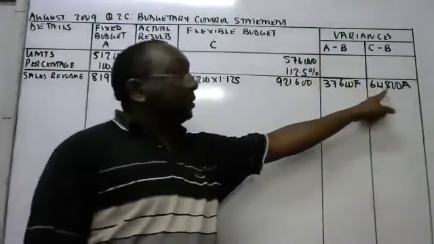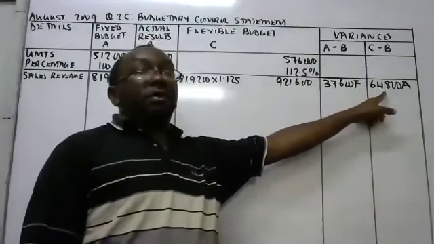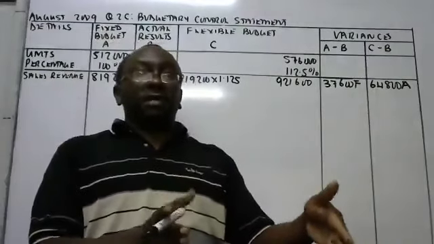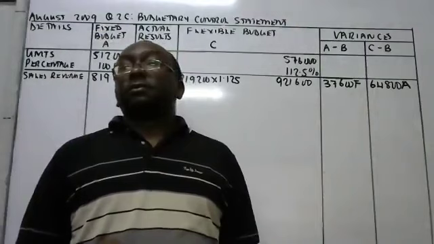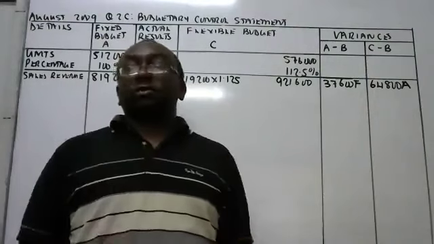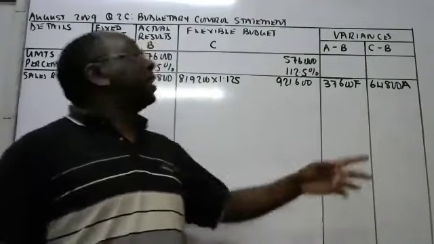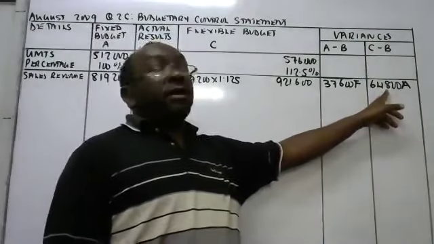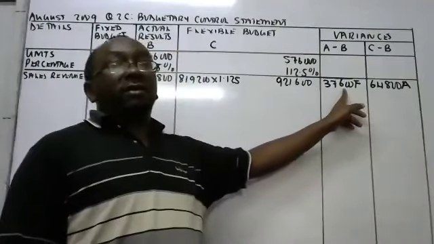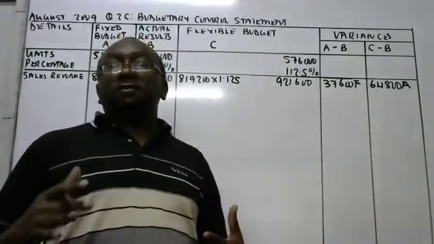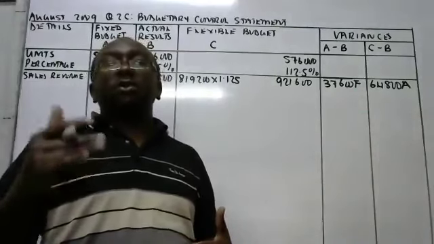This is the better one, because it compares what should have been against what has been, in light of the actual conditions. And these ones are deemed to be the most fair. But this one is not fair because it does not factor in the presence of some factors that are beyond your control.